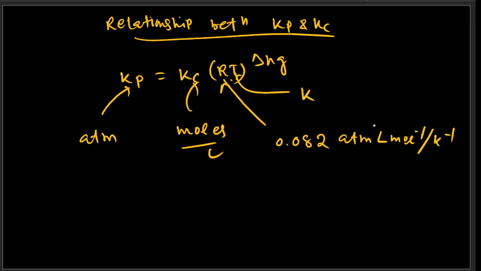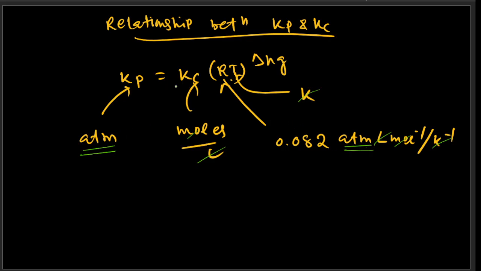If you cancel everything, moles with mole inverse, liter with liter inverse, and Kelvin, you should get atm.